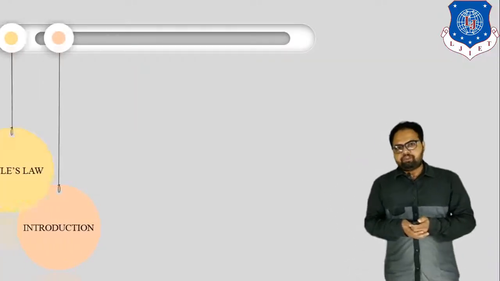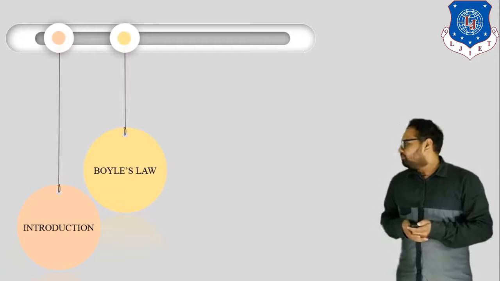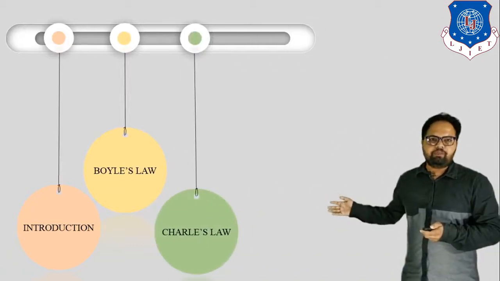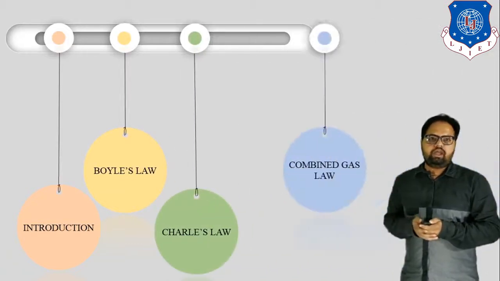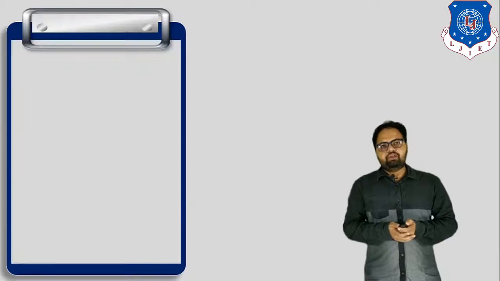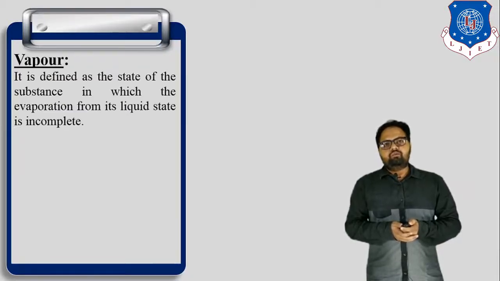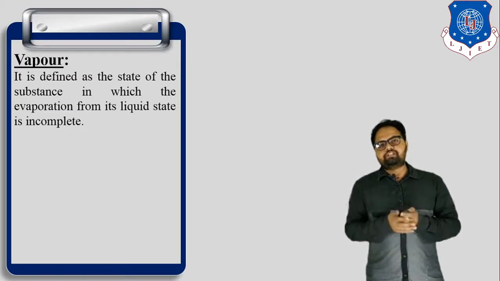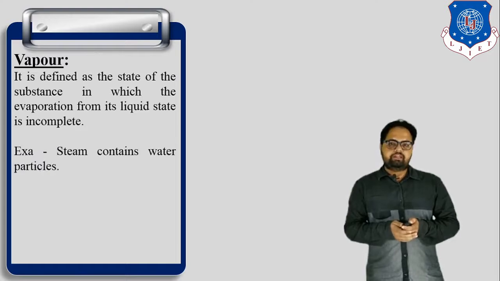In this chapter we will discuss a total of 4 topics: introduction, Boyle's law, Charles law and combined gas law. Let's start with the introduction. In the introduction we are going to discuss the main difference between vapor and gas.